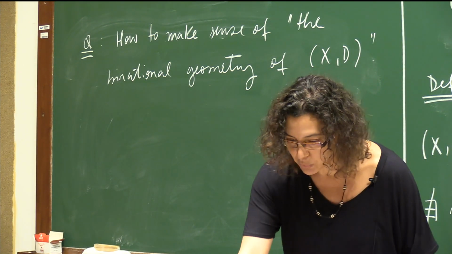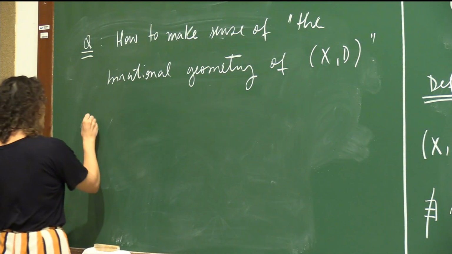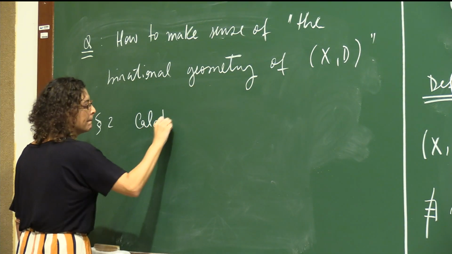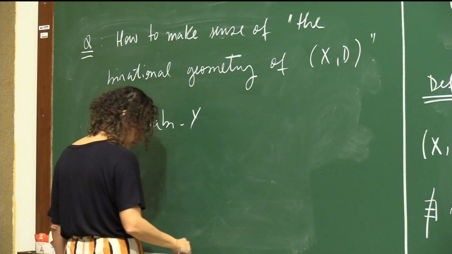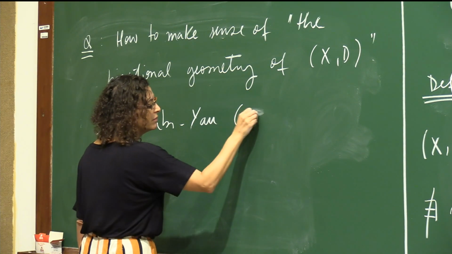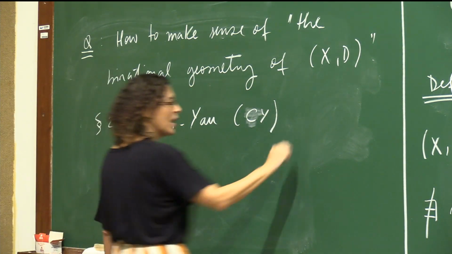And so this is what I want to discuss now. So let me move now to Calabi-Yau pairs. I will usually just abbreviate it by CY, Calabi-Yau pairs.